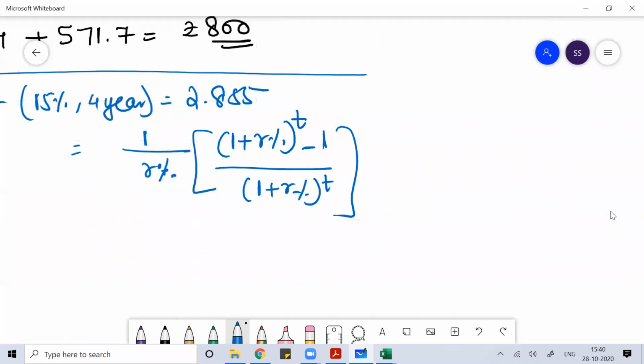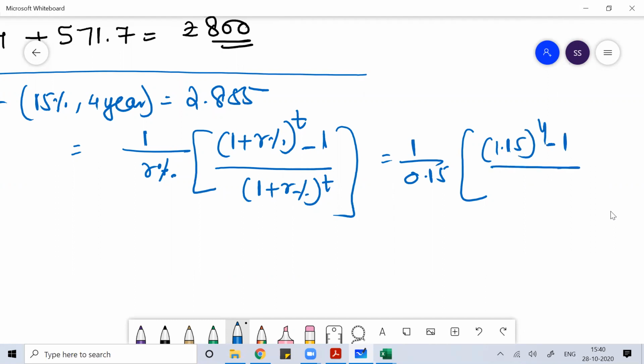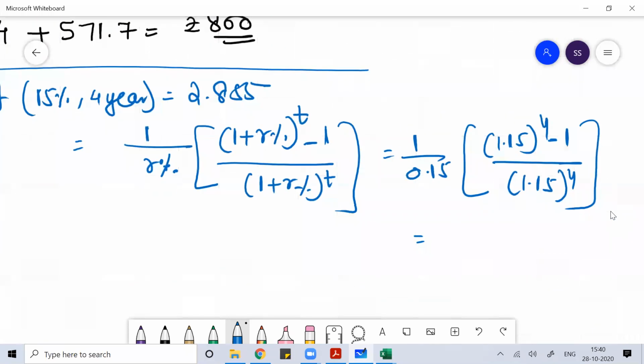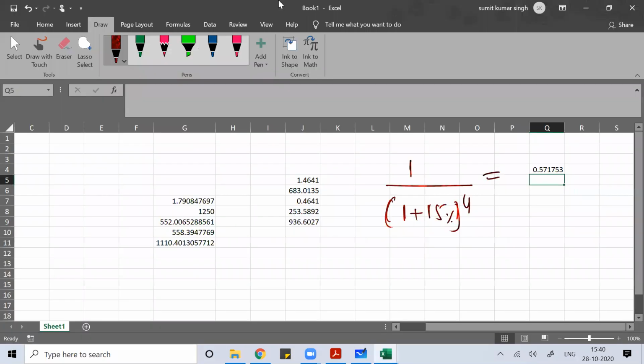So this is 1 by 0.15, into 1.15 to the power 4 minus 1, divided by 1.15 to the power 4. So 1.15 to the power 4 is this much.